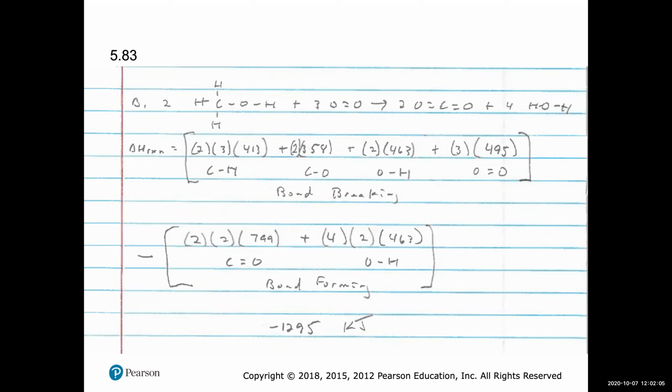So we have 4 for the coefficient, then 2 for the number of bonds, and then 463 is the OH bond energy. So we would sum up the bond breaking ones, and then subtract from that the sum of the bond forming energies. And then that would give us the minus 1295 kilojoules.